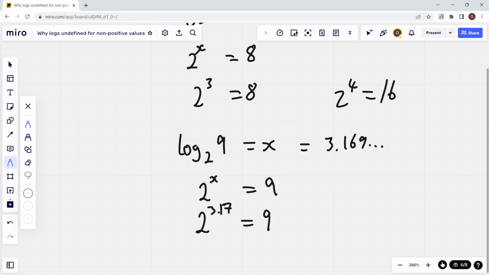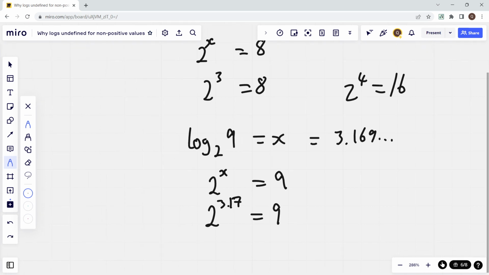Likewise, if we wanted to define the log for any argument, it doesn't have to be 9, it could be any value, we just need to increase or decrease the power. So there is a result. It might not be a positive value, but there will always be a result as long as this value is positive, as we've considered so far.